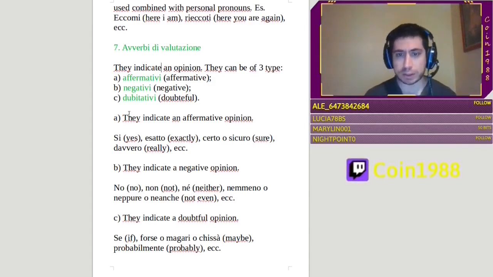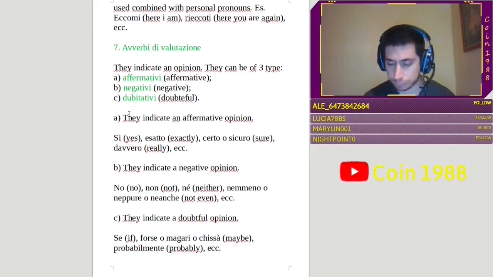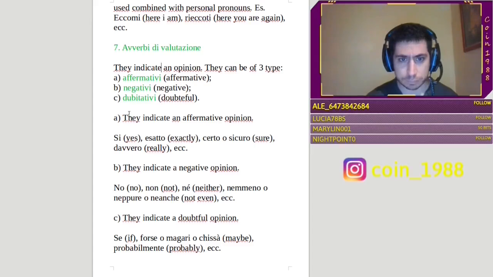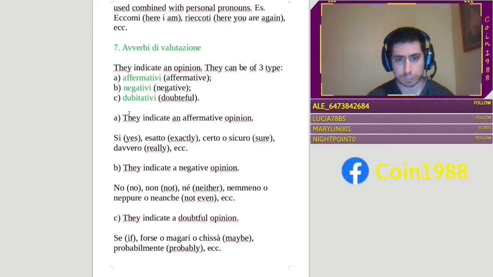Certo or sicuro, that means sure. Davvero, that means really, etc. Sì, esatto, certo, sicuro, davvero.